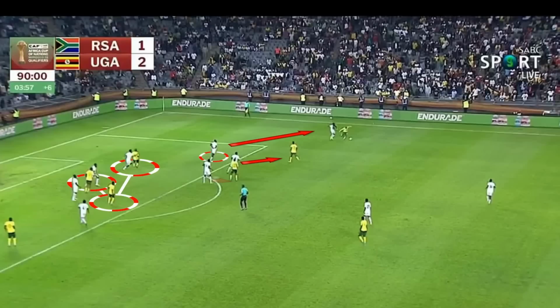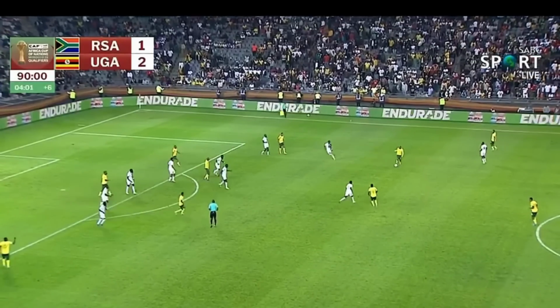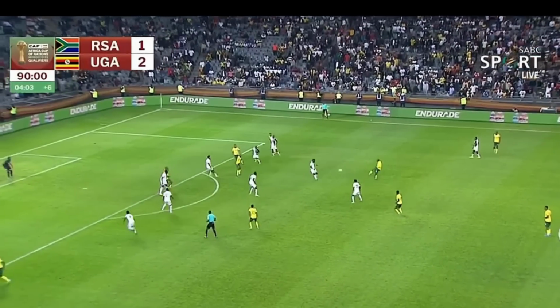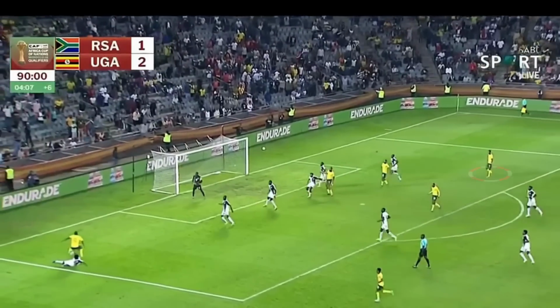You have that guy with Foster, you have the other guy with Reyners, you have the other guy who's looking at Rele. And this number 4 is supposed to be picking up Motiba, but has no idea what is happening. And on top there, you have people marking. It's just like we're defending for our lives. But as history would have it, Motiba gets the ball, he's free, but here's a key thing.